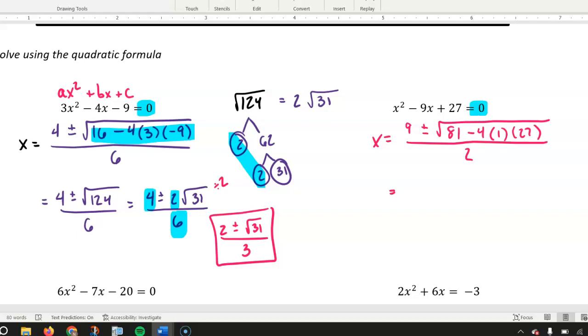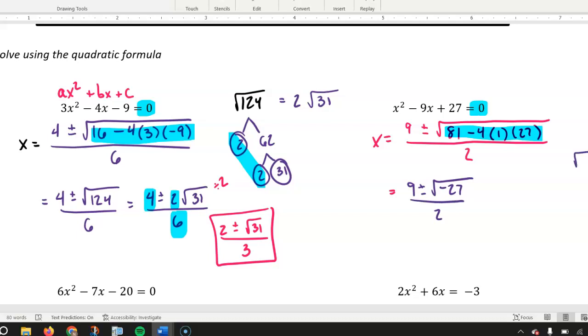Now remember, next thing we're going to do is find the discriminant. When you find your discriminant, again, do that on your calculator, we get a negative number. We get negative 27, all divided by 2. Now, at the beginning of this chapter, we learned about the square roots of a negative number.